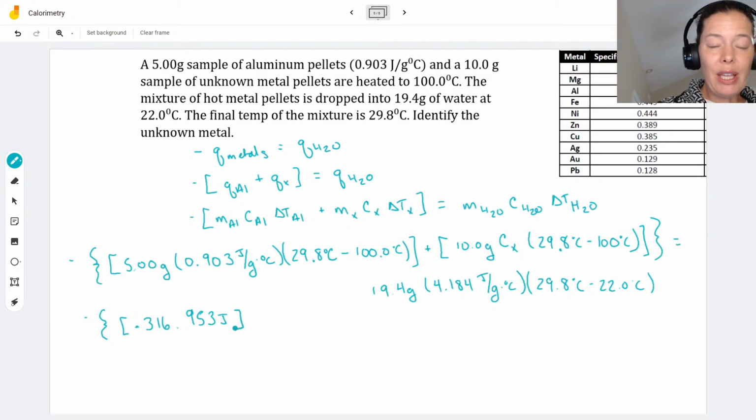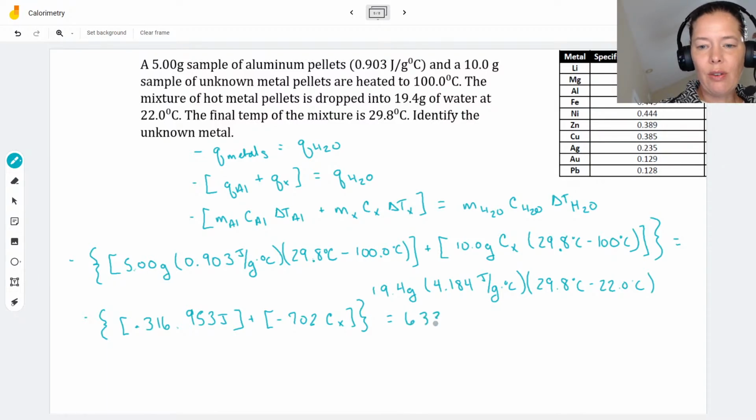But trust me, everything works out in the end. Times RCX. All right, and then this equals 633.123 joules. All right, let's just keep on going.